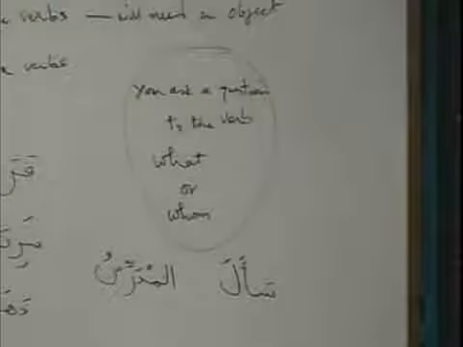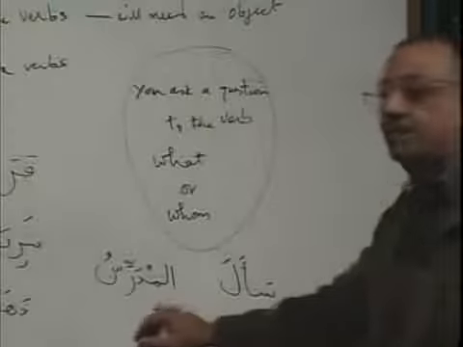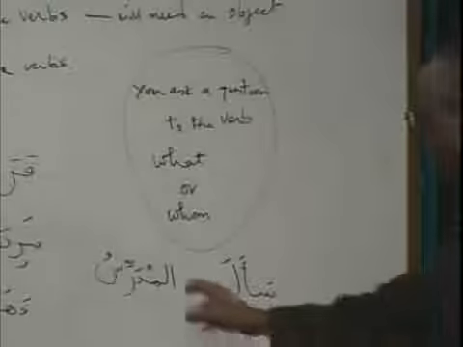Asked whom? Or asked what? Then definitely the teacher is going to ask some individual. He's not going to ask a chair or a table, but some individual. So, Sa'ala al-mudarrisu, and if I say it was Hamid who was asked, what will you say? Sa'ala al-mudarrisu Hamidan. Are you with me? I will write it down here, Hamidan.